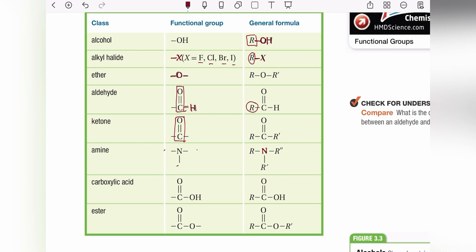And then carboxylic acid is the COOH. And then ester is a carbonyl group and an oxygen attached to the rest of the molecule. It'll also be found in the middle of the molecule.